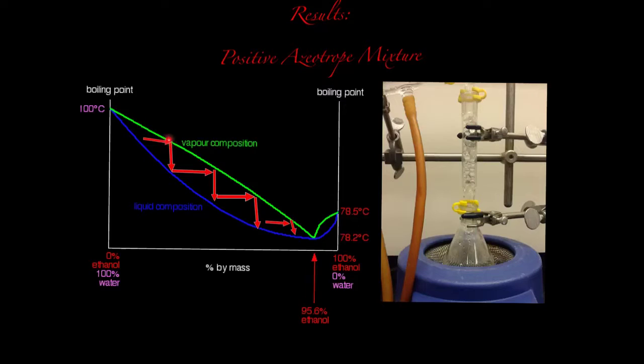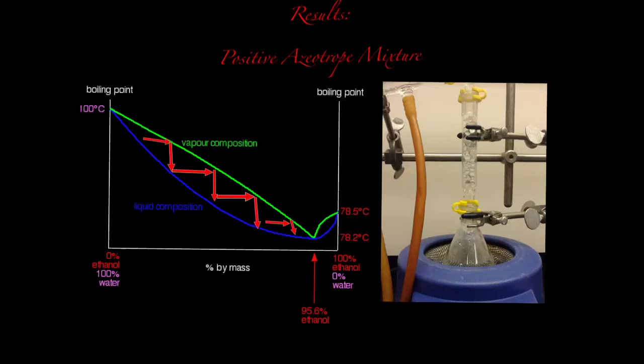And what happens here is that we recondense the liquid, and when we recondense it, we again turn it into a vapor composition. This process repeats constantly, and it substitutes a needed repeated distillation using simple distillation, which would be more time consuming and less efficient.